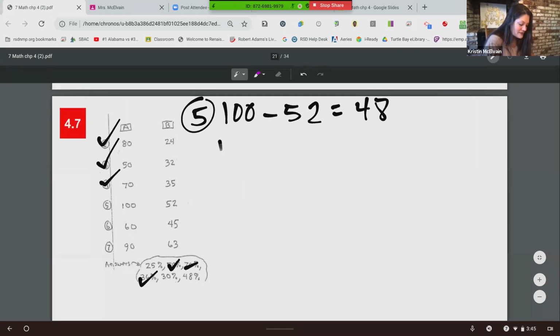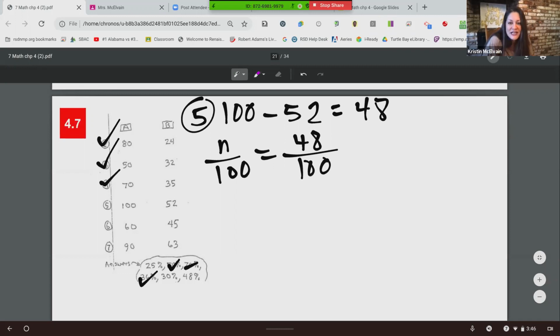All right, and out of 100. And the reason I said you should see it is because it's already out of 100 container, right? So I can look at 48 over 100. That's part out of the whole. So that I already know is 48%.